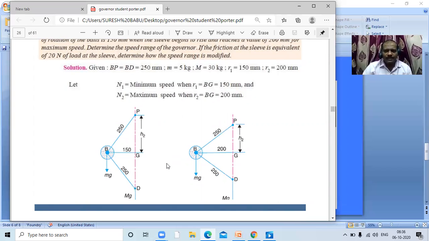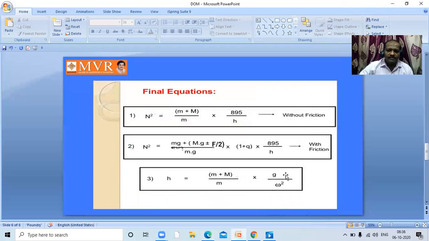If N2 is represented, the h value is going to be h2, which has to be substituted. H1, H2 can be found by using the simple known relation, hypotenuse square is equal to the sum of the adjacent square plus the opposite square. So that is the relation you have found. By this relation we have solved it ultimately.